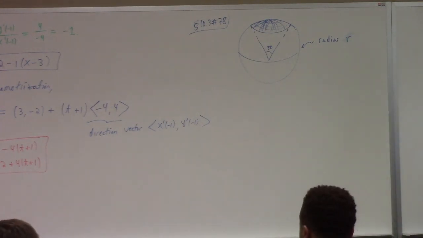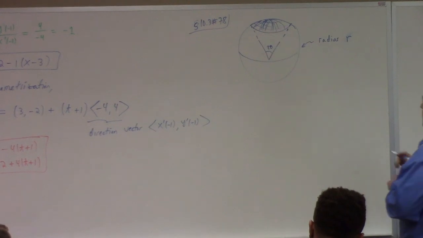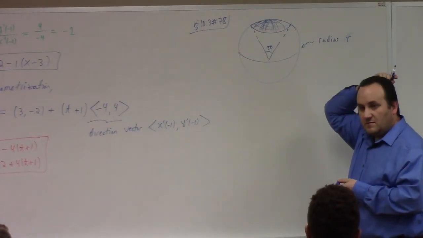Now, I don't know if I actually did in here or not, but we have formulas for calculating surface area of surfaces of revolution. So the first thing to do would be to figure out how you would describe this as a surface of revolution.